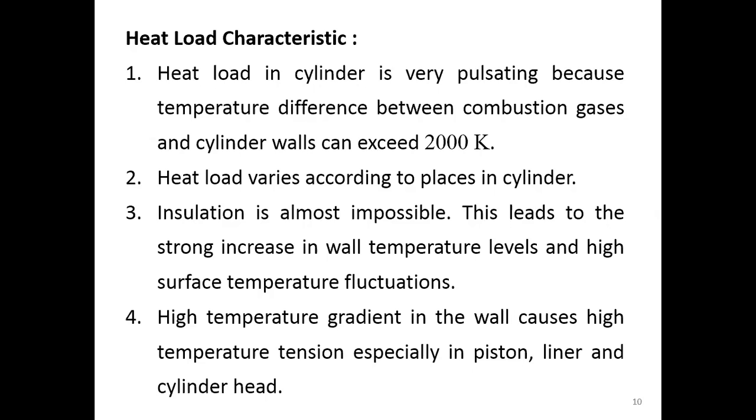The second characteristic is that for different pressures in the cylinder, this heat load is also different. So it's not only different because it's up and down, but for different locations it's also different. So the heat load varies according to pressures in the cylinder.